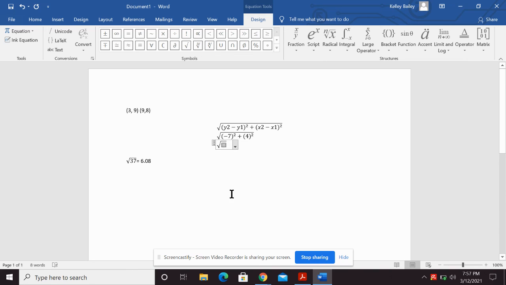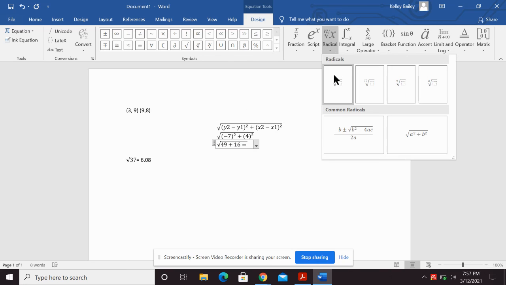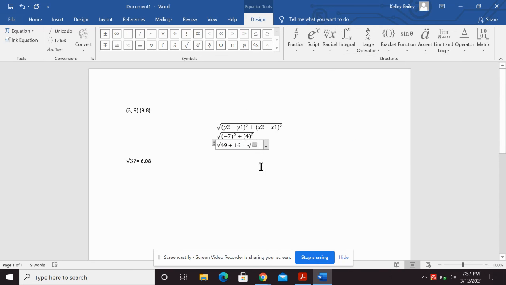Negative 7 squared, 49. 4 squared, 16. 49 plus 16 is 65. So you get the square root of 65. Okay, we're going to leave it there.